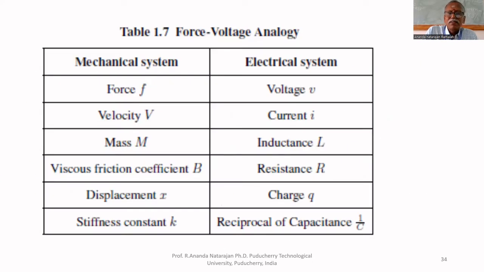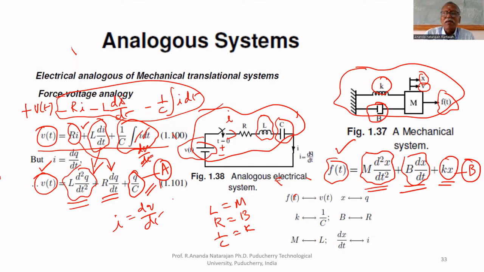How can you get an analogous system for a given mechanical system? Replace M by L, replace B by R, replace K by 1 upon C. That's all.